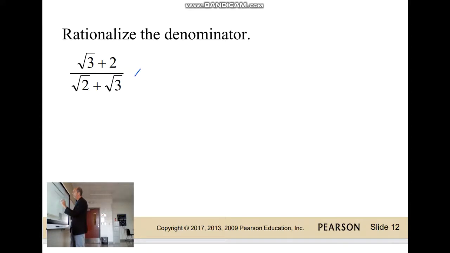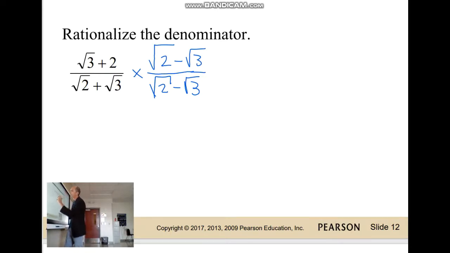And we will multiply by the conjugate of the denominator. The conjugate of the denominator, we're going to find first. The conjugate of the denominator is square root of 2 minus square root of 3. This is the conjugate of the denominator. And we're going to multiply the whole fraction by 1. And 1 is this fraction here, square root of 2 minus square root of 3 over square root of 2 minus square root of 3.